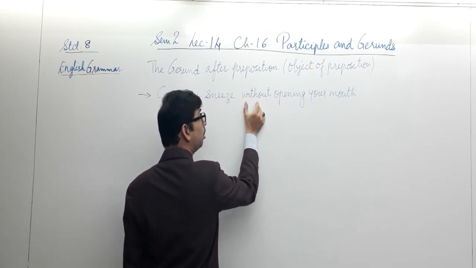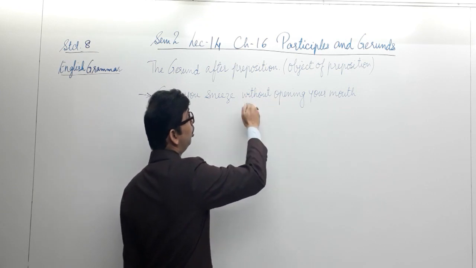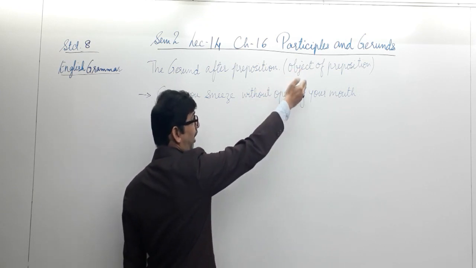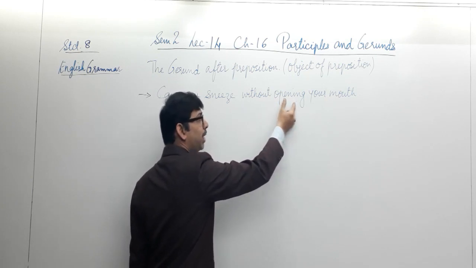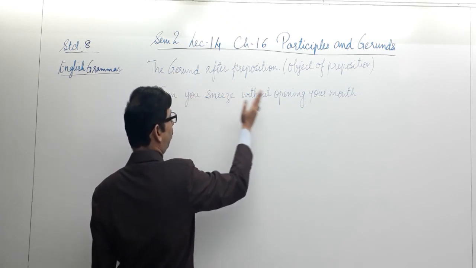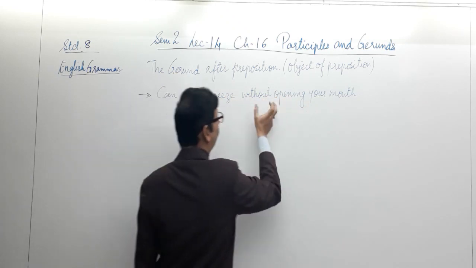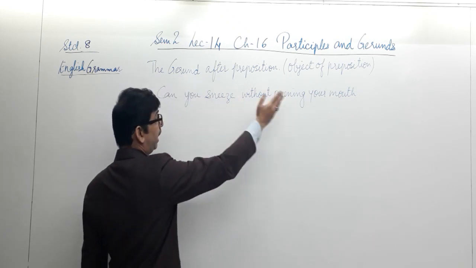Here the word without is a preposition. So the word opening has been used after that as, I can say, object of a preposition. It is playing the role of an object in the entire sentence. If I bifurcate, can you sneeze without opening your mouth, this part is completely a predicate part.